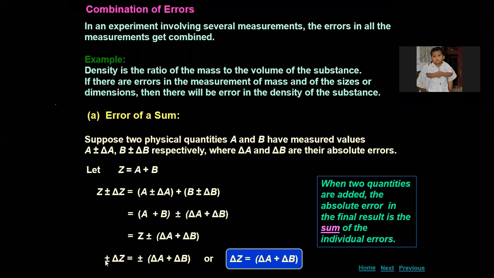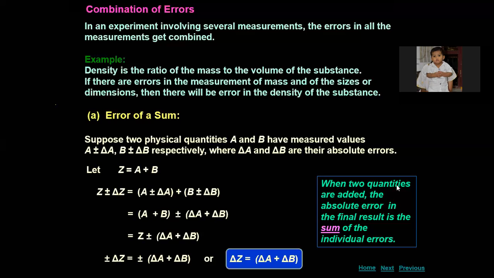So what is delta Z here? Delta Z is the resultant measurement error, or combined measured values error. Combined measured values error, how are we finding? The errors in individual measurements, if we add them, we will get the combined measurement value error. Okay.